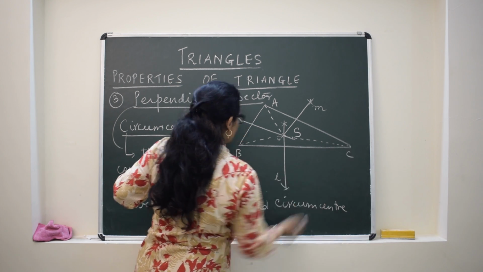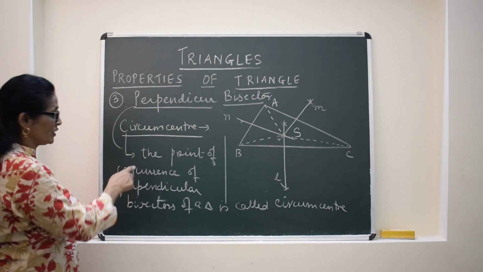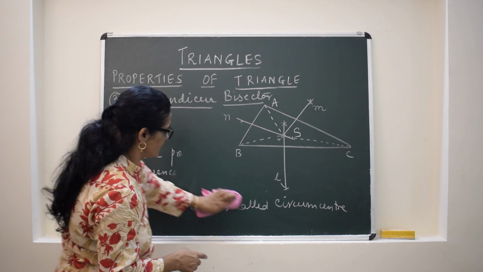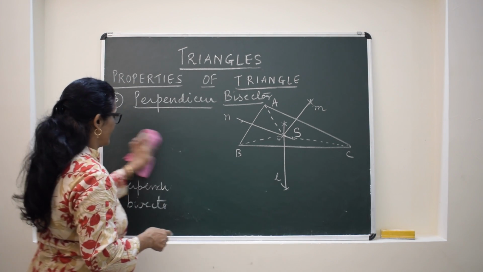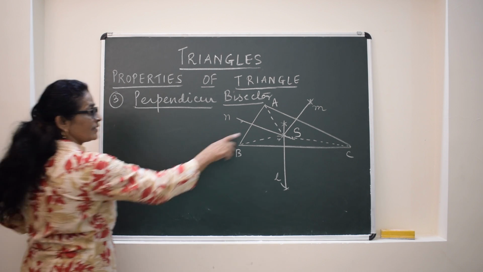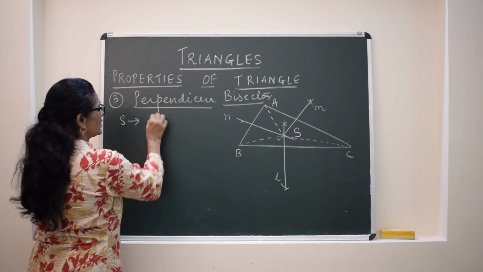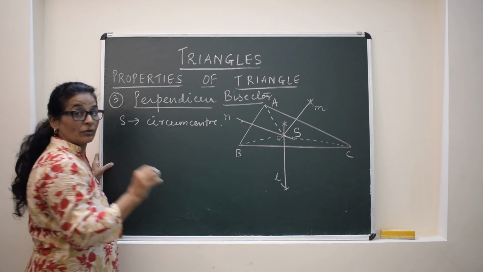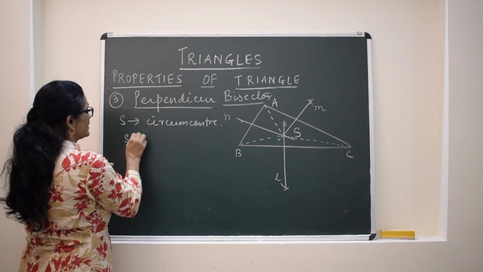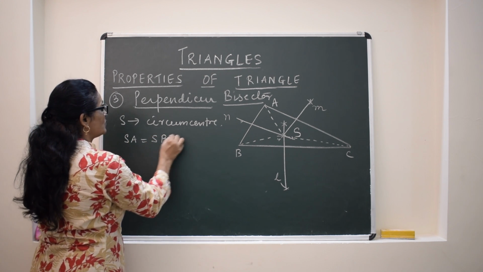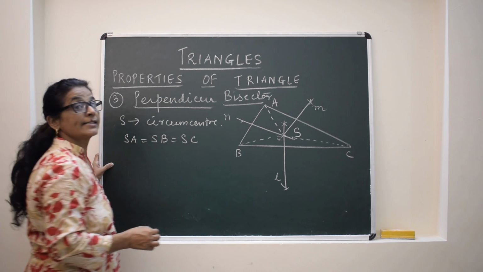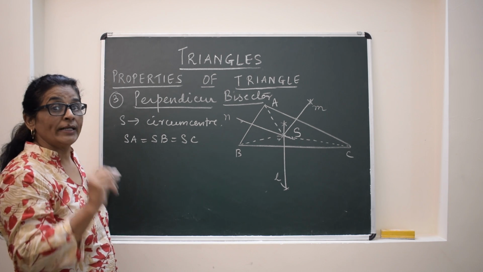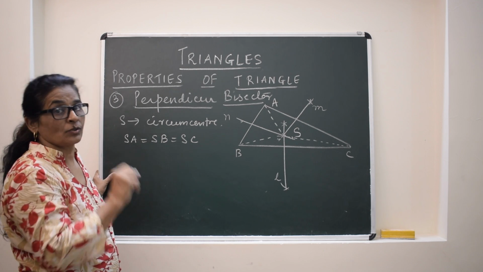So this is the definition of circumcenter. The circumcenter is S, and for the characteristics, SA is equal to SB is equal to SC. In words, the circumcenter is equidistant from each vertex of the triangle.